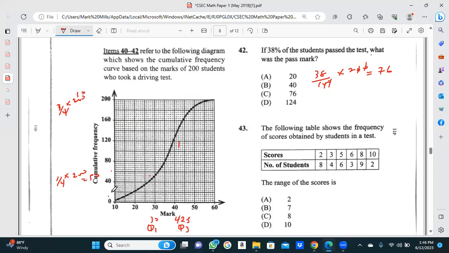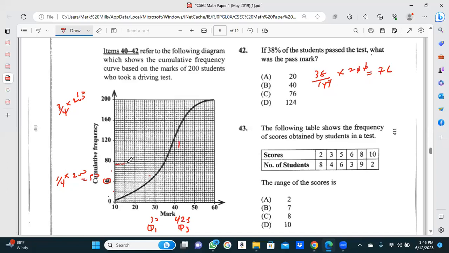This is 10. No, I lie, this is 40. 40 divided by 10 lines is 4. Yeah, every line is 4. I'm at 60. So if I want to find 76, it's one line before 80. Everybody agree with me? One line before 80.